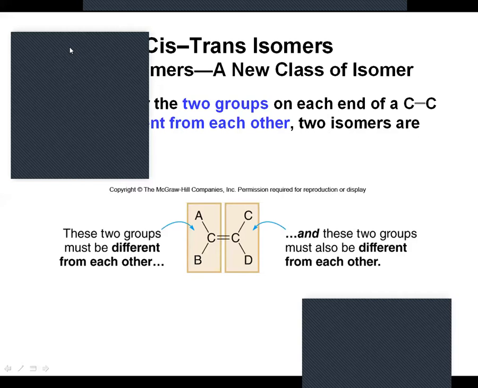First off, when you look at the carbon-carbon double bond, which is the most important thing here, each carbon in that carbon-carbon double bond needs to have two different groups attached to it. And then again, on the two carbons, you need to have a group that's the same on both of these carbons. So those are the two things that you want to look for. If you don't have that, then a cis or trans isomer is not possible.